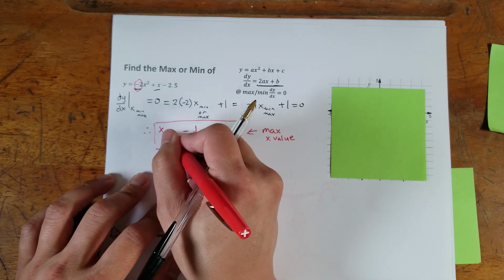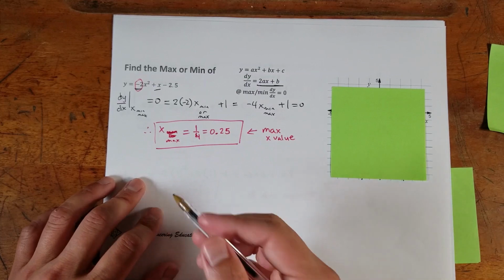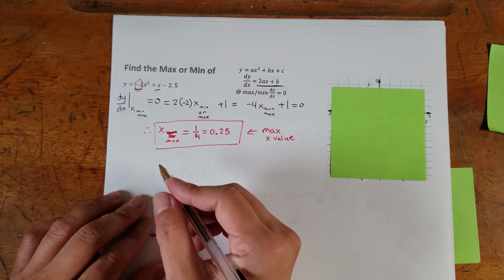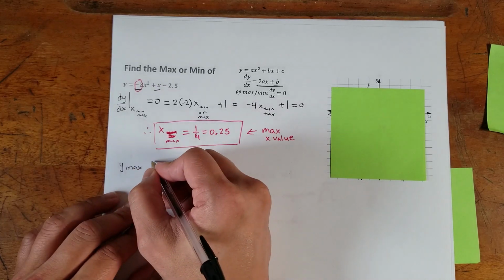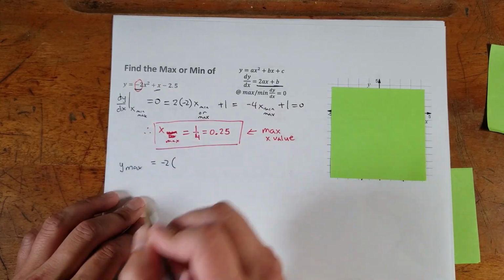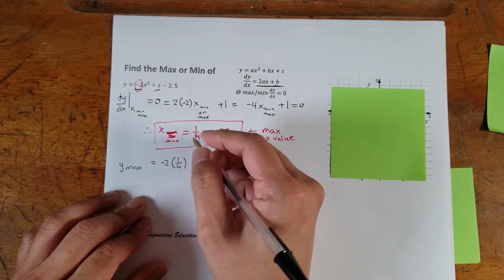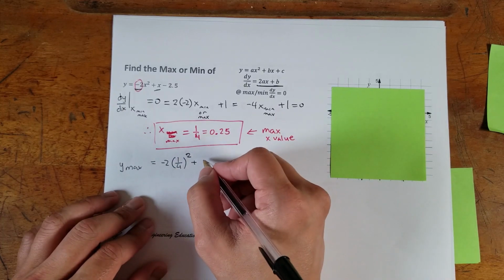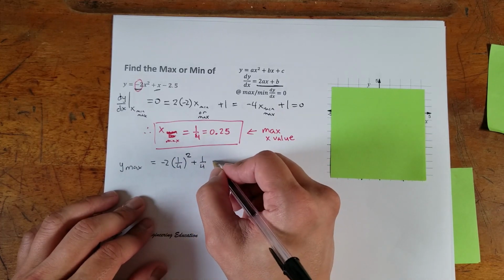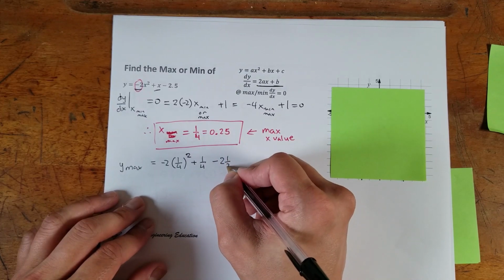So I can get rid of this min portion. Okay, now we plug in this value into our quadratic equation. I know this is going to be a max, y max equals negative 2 x max squared, so I'll write it as a quarter, that'll be a little bit easier to work with, squared, plus x minus 2.5.